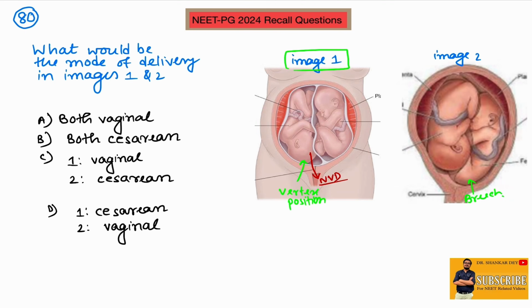So both babies can be delivered vaginally, but in the second case you have to go for cesarean section. Okay, lower uterine cesarean section. So the answer should be first image vaginal delivery, second image cesarean section delivery.